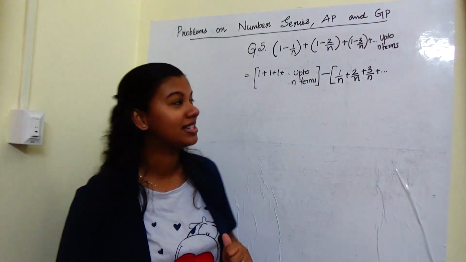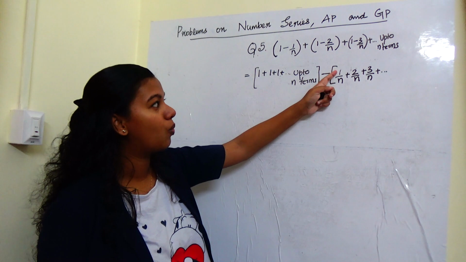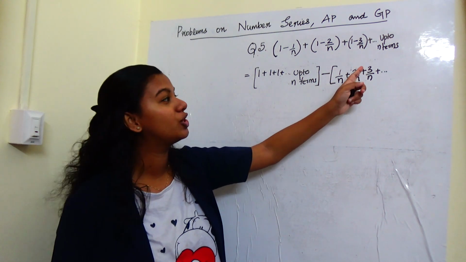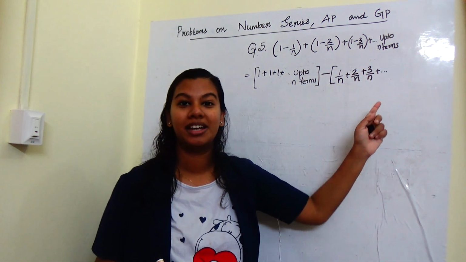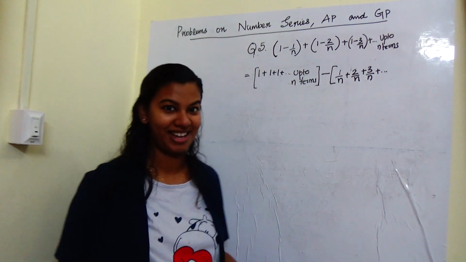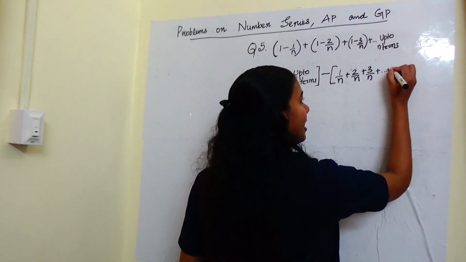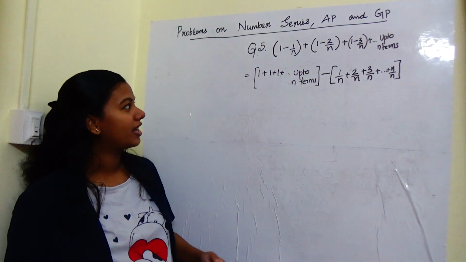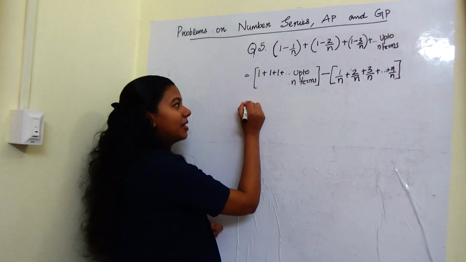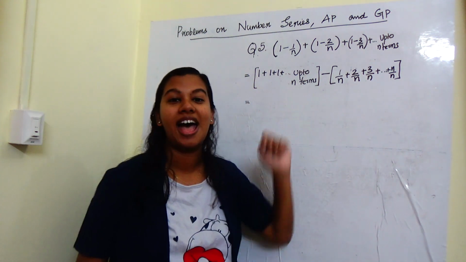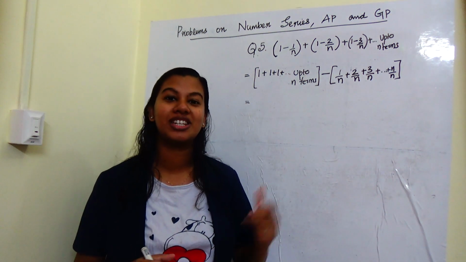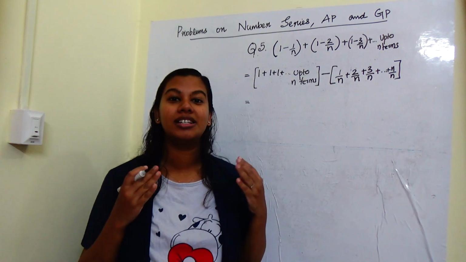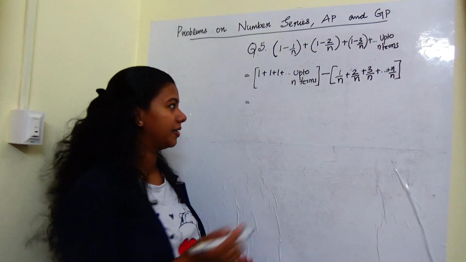So what will be the last term? The first term is 1 by n. Second term is 2 by n. Third term is 3 by n. So the last term is n by n. So plus n by n. Now let's go to the next step. This one is added n times. So if it is added n times, it is 1 into n, that is n.